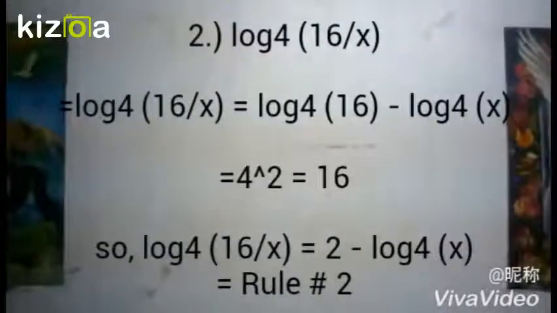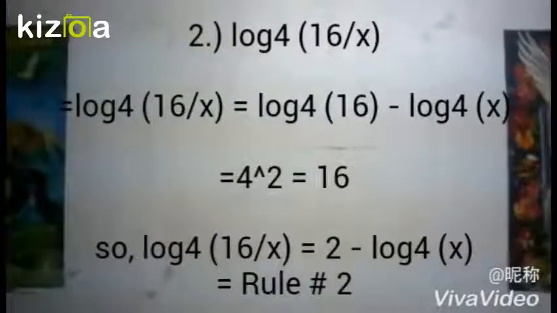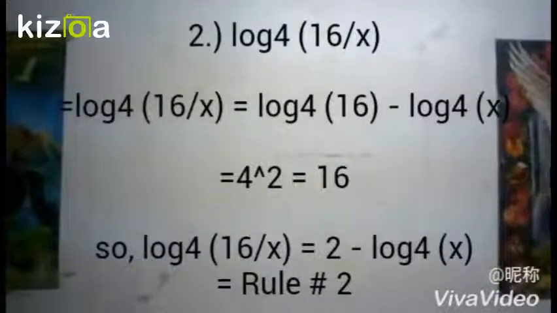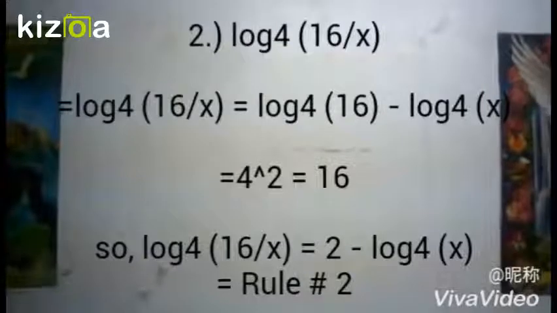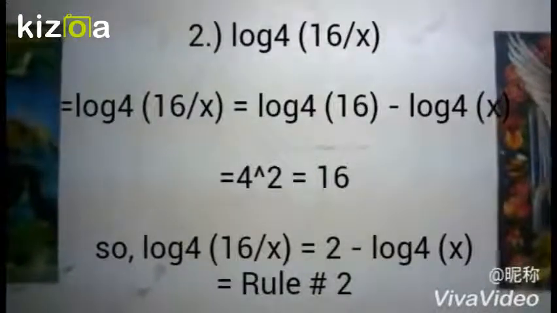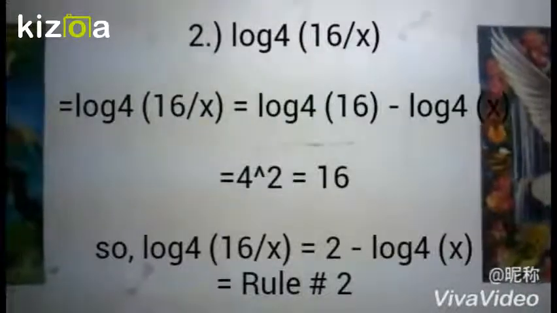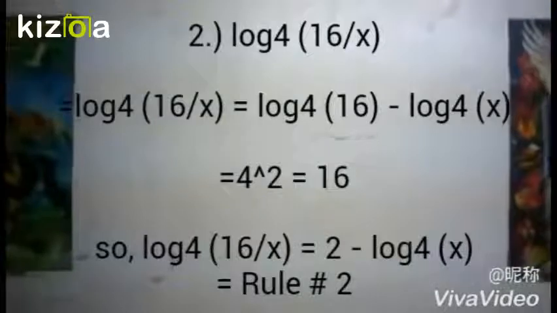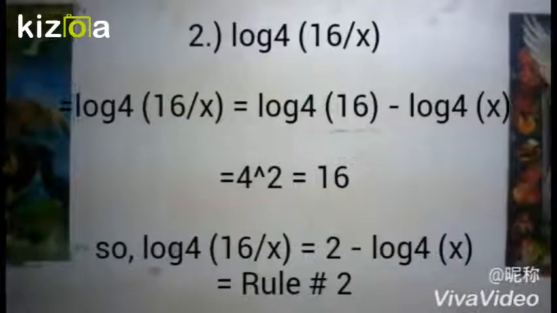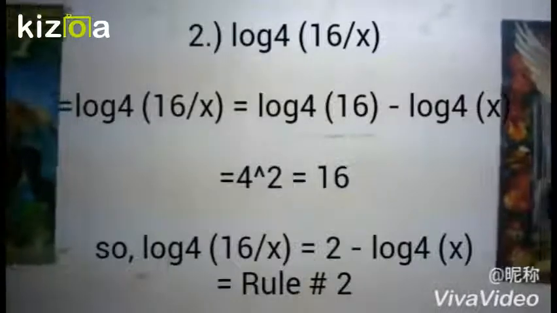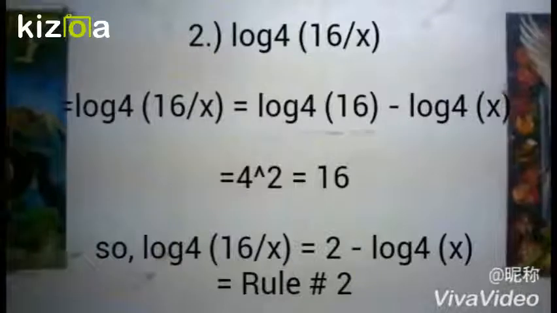Example number 2: logarithm of 16 divided by x to the base of 4. We have division inside the log. According to the second of the log rules, this can be split apart as subtraction outside. So it becomes the logarithm of 16 to the base of 4 minus the logarithm of x to the base of 4.